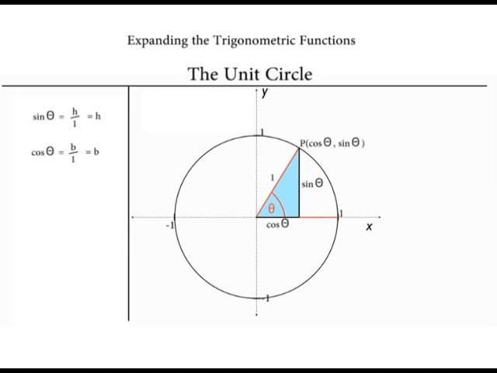That's just replacing b and h. By definition, in a unit circle, the cosine of an angle is the x-coordinate and the sine of an angle is the y-coordinate. From this diagram, tan theta is equal to opposite over adjacent, which is equal to sin theta over cos theta.